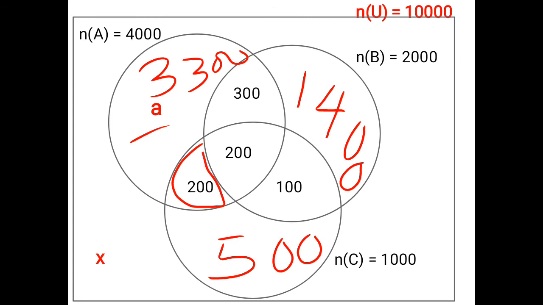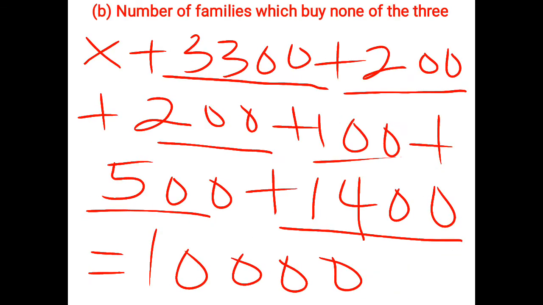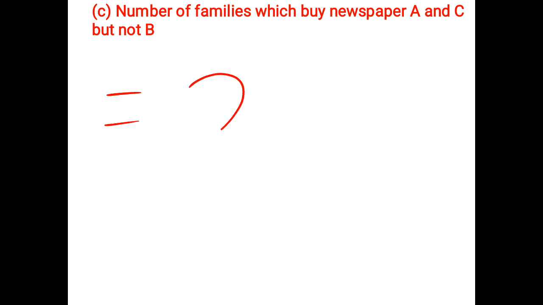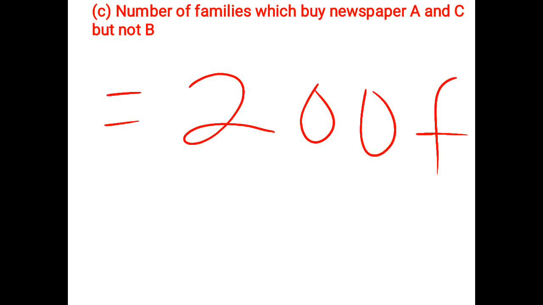So that is 200. So quickly let's write our C, which is going to be 200 families. All right.